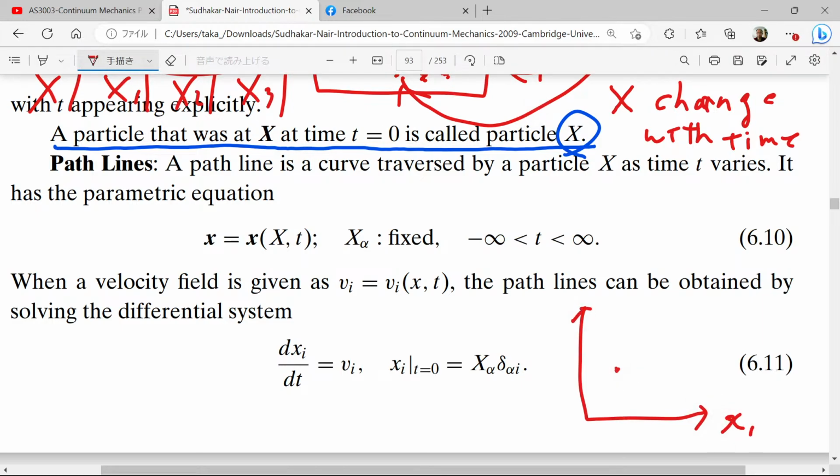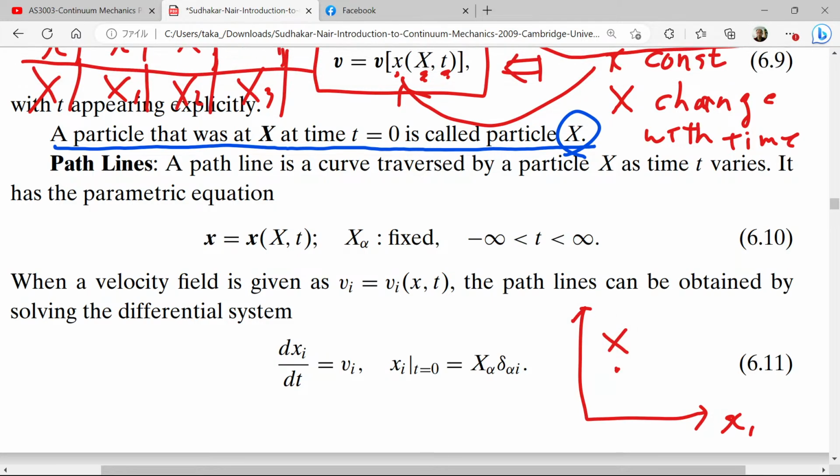So there is a particle x at t equals 0. This particle moves with t. That's a path line. How a particle x moves as a function of time.